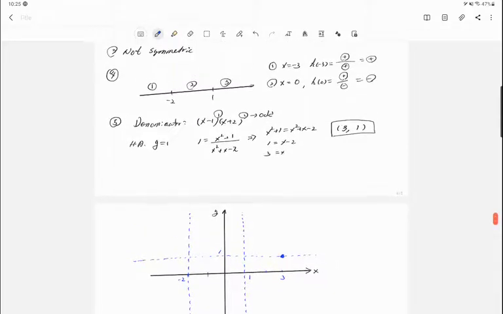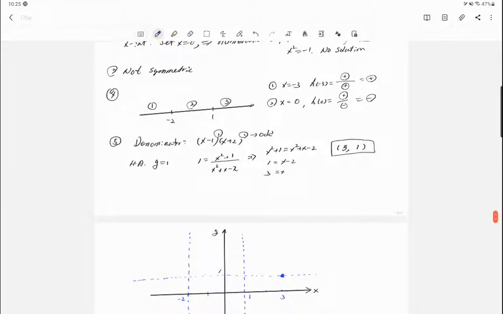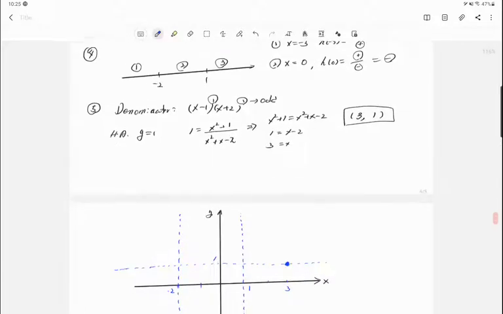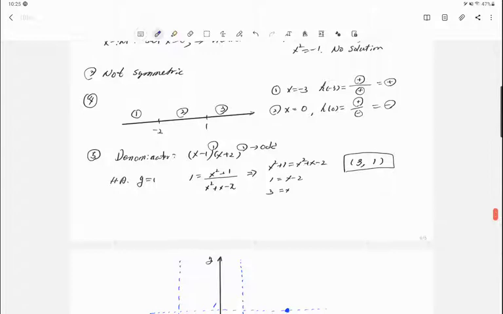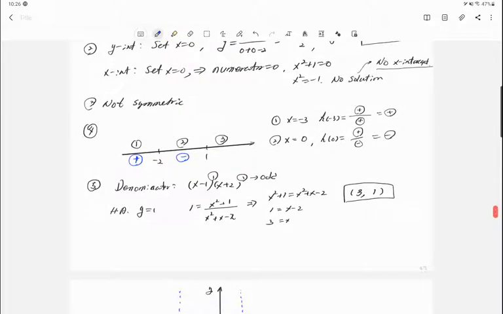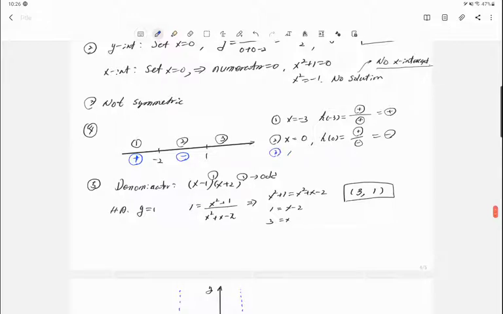How about the behavior? For the interval 1, that is positive, and between these two is negative. I forgot number 3: if x is greater than 1, let's try x equals 2.